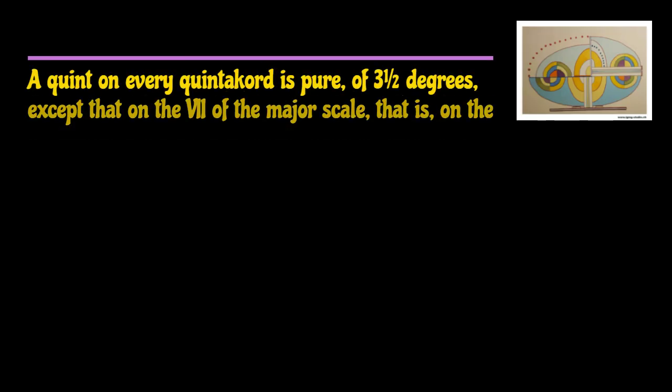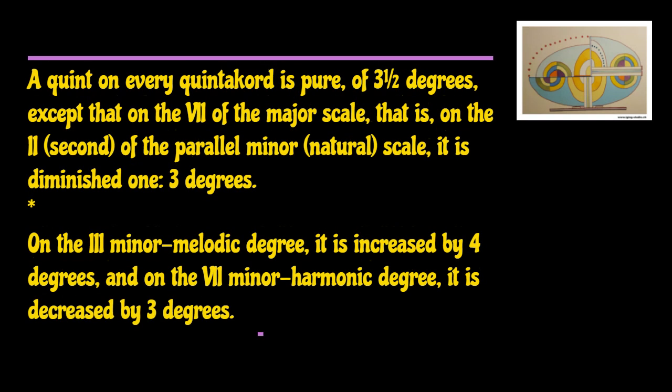A fifth on every degree is pure, of 3½ steps, except that on the 7 of the major scale, that is, on the 2 of the parallel natural minor scale, it is diminished by 1/3 degrees. On the 3 of the melodic minor, it is increased by 4 degrees, and on the 7 of the harmonic minor, it is decreased by 3 degrees.